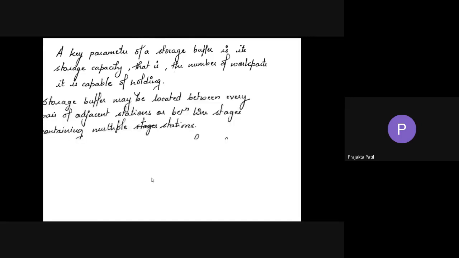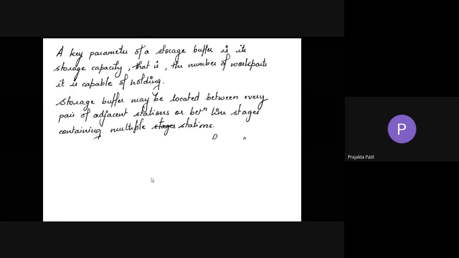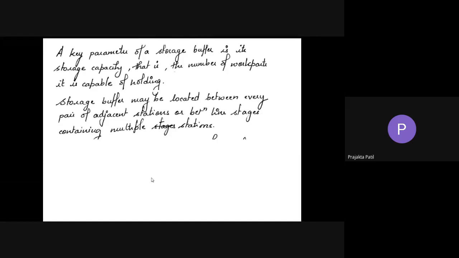Storage buffer may be located between every pair of adjacent stations or between line stages containing multiple stations. As we know, an automated production line has a number of workstations. So this storage buffer, which is basically a location, you can either have adjacent to every station.